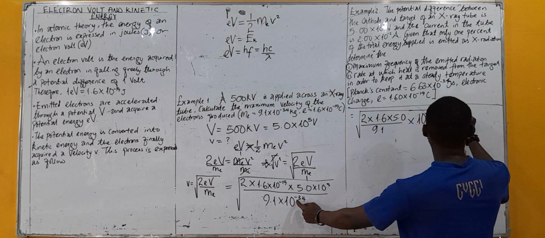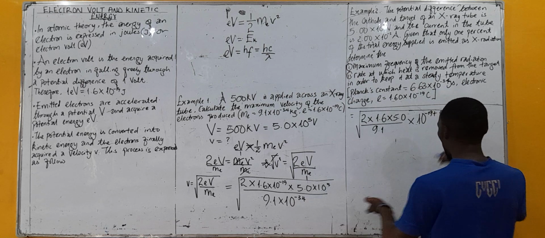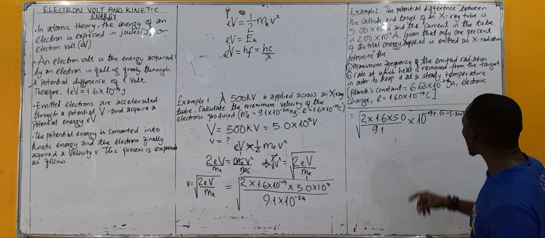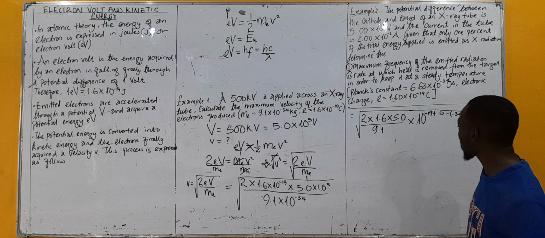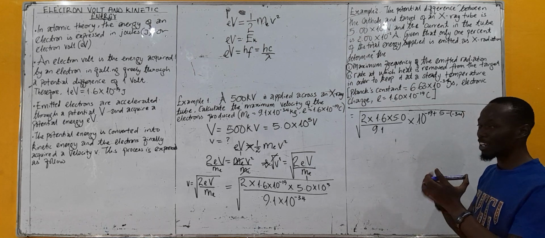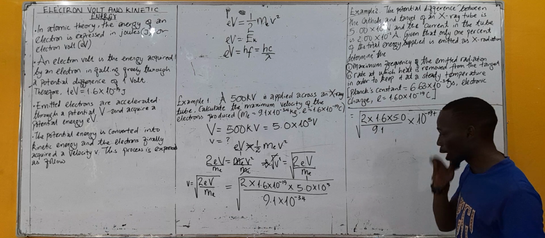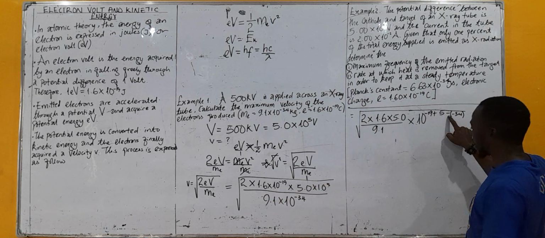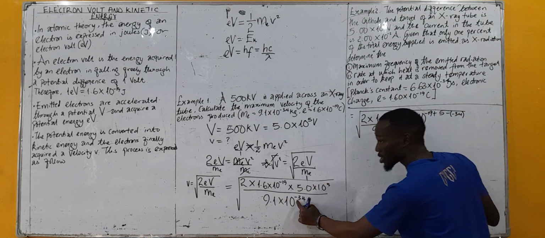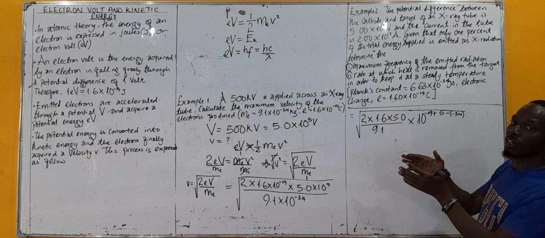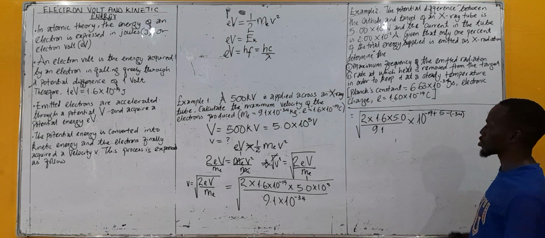Minus, what is here? Minus 34. Please, I want you to always take note of minus. Minus, as little as it is, is very, very, very dangerous. So division means minus. What is here is minus 34, so don't do the mistake of just writing minus 34 straight.